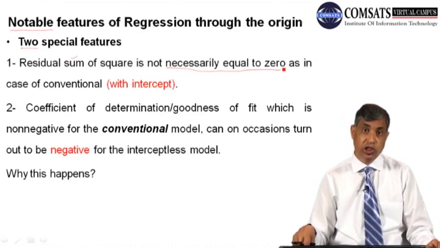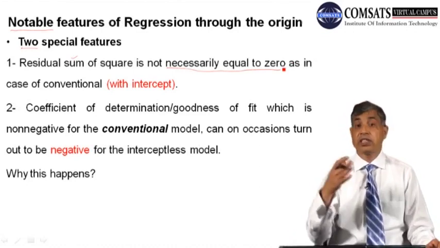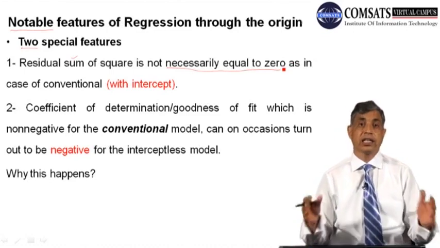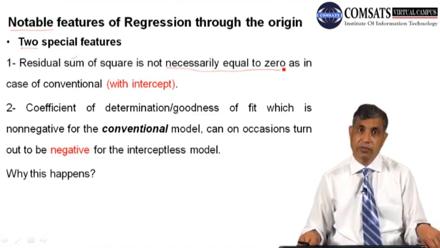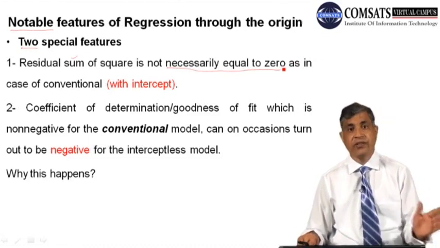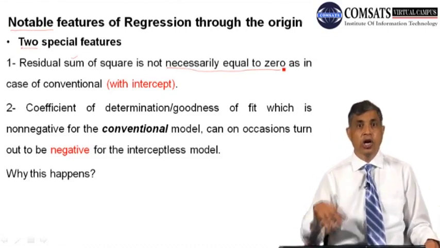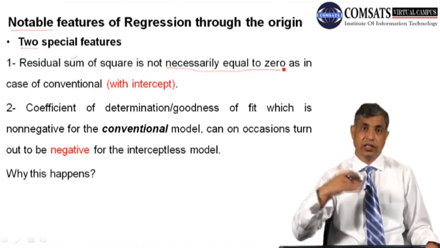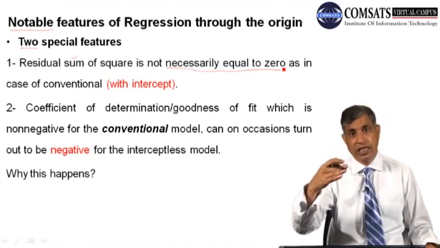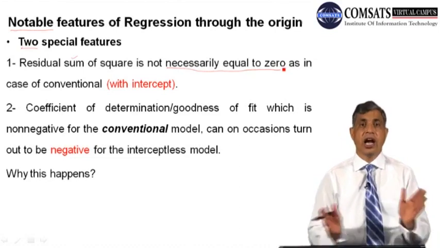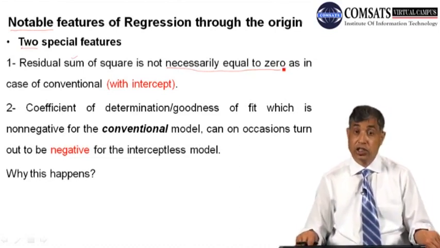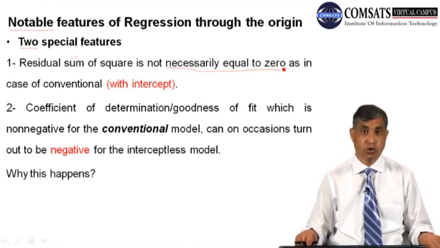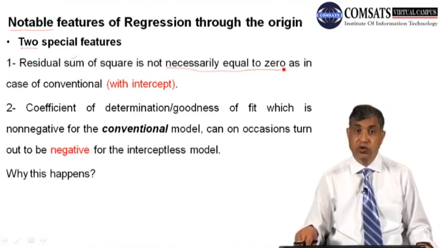Regression through the origin hits the claim that was a very universal claim, that the residual sum is zero, and you know what the residual is: yi minus yi hat, the observed value minus the estimated value. There are some minus and plus values above and below the regression line, and we saw that their sum is equal to 0. But here this universal claim is being refuted.